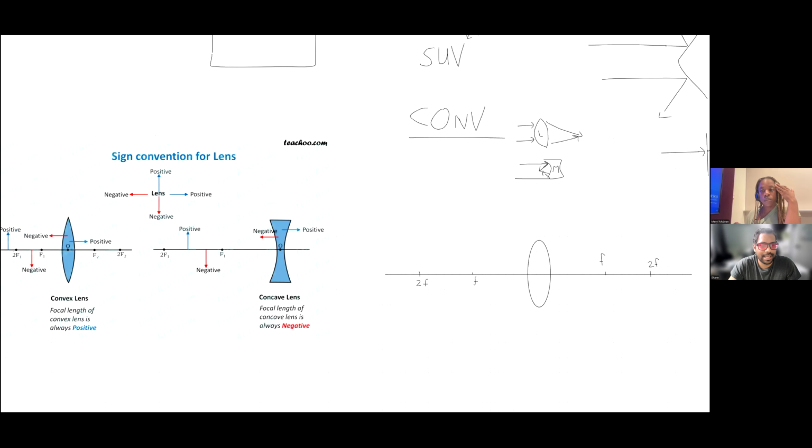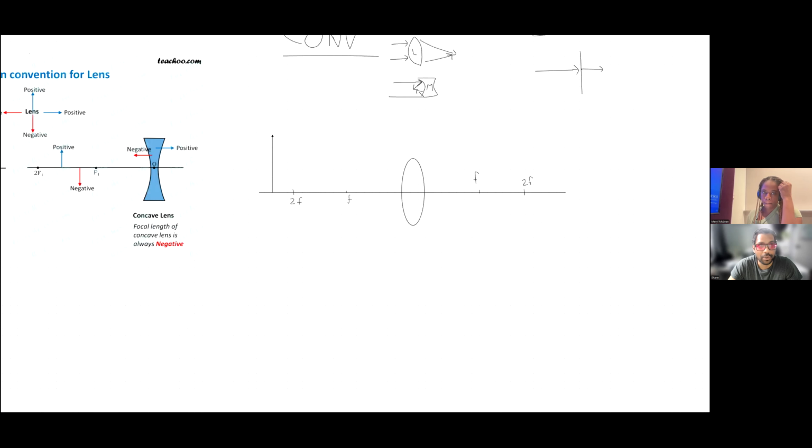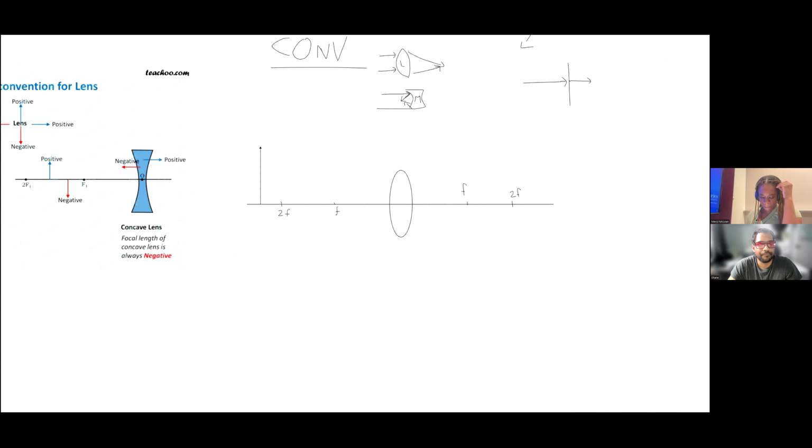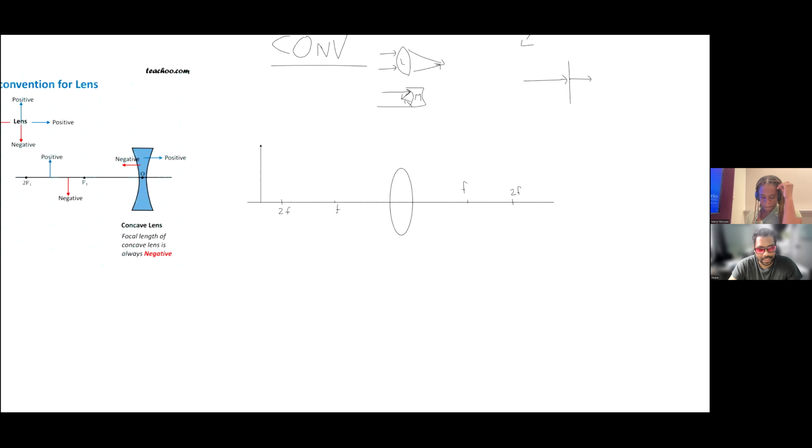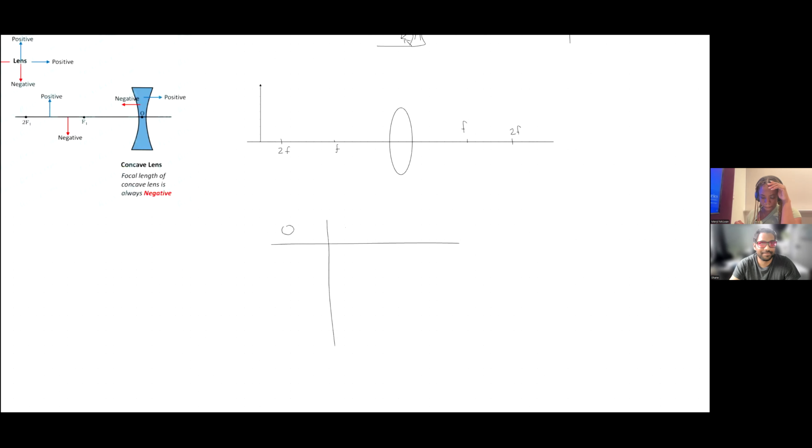So let's say that this arrow on the left is the object distance. Okay, I'll make a table. This O, by the way, doesn't mean zero, it just means object distance. And then the I means image distance.